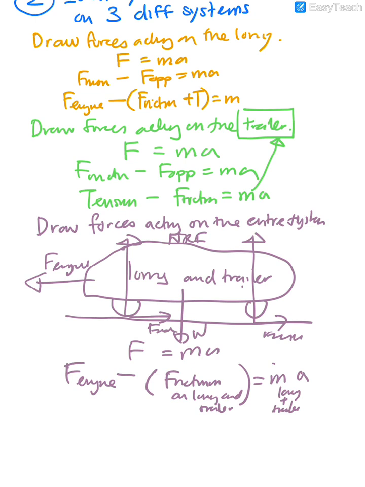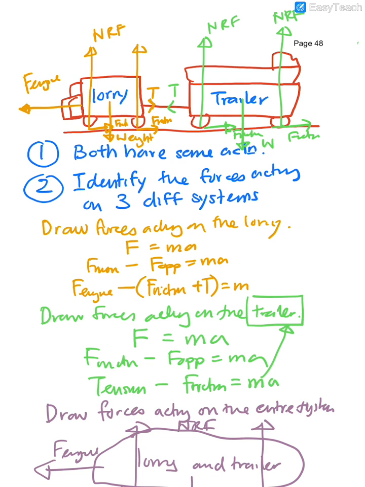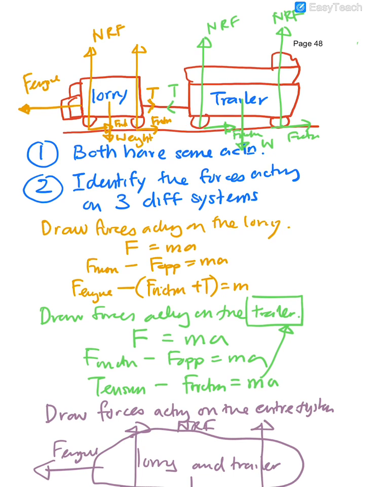Wait, so if you want to find the acceleration easily, can you just calculate the acceleration of one block? Okay, hang on, so I understand what you mean by the three systems. You're able to draw a diagram for all three. So when you want to solve a problem, let's say they ask you to find acceleration, you decide which way is fastest.